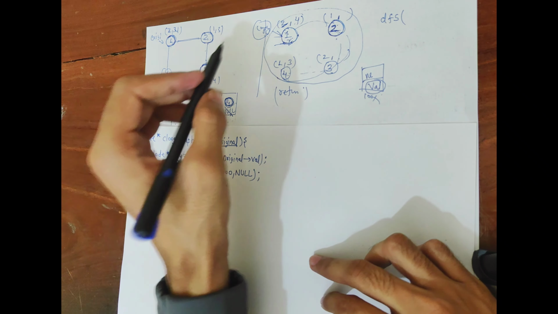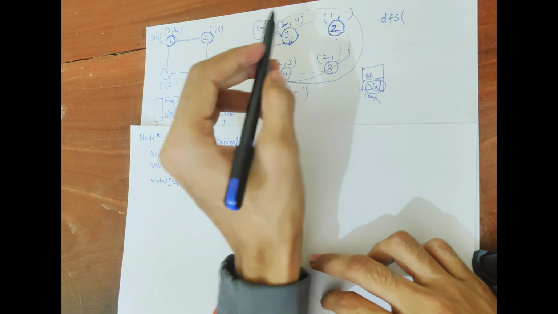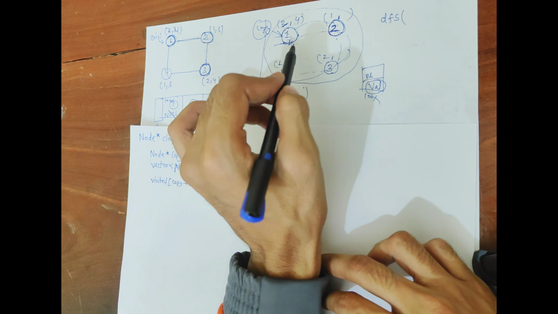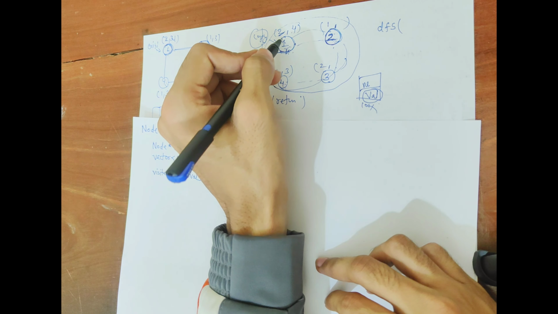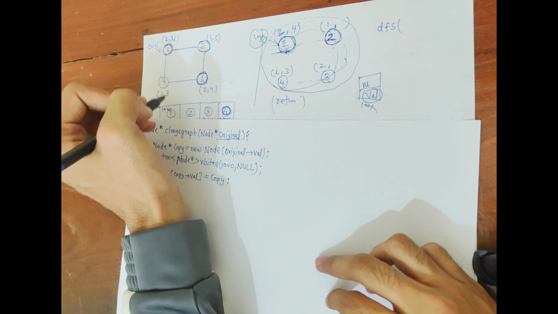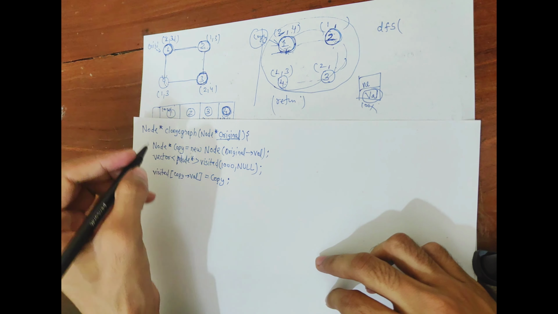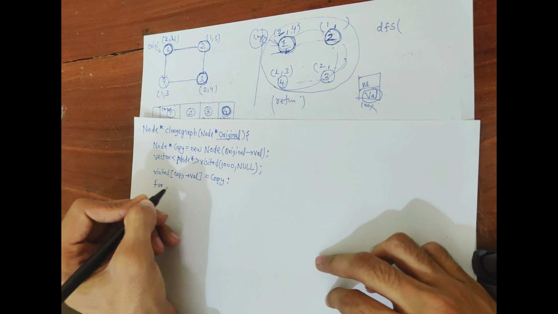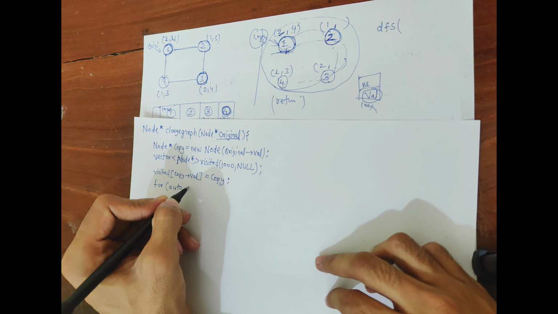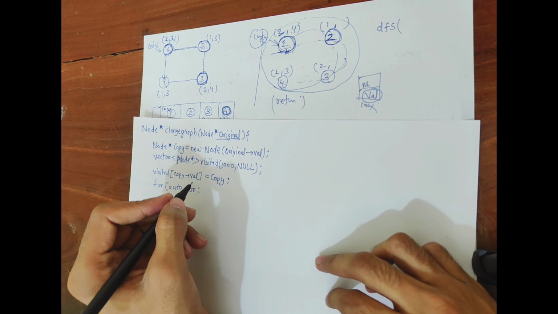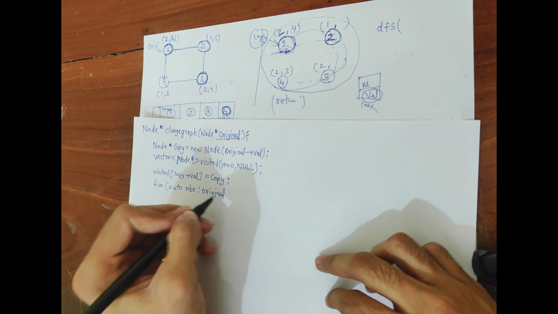Now I am done with these two things. The first thing, I created this and I pushed it. Now I need to go into its neighbor. Since initially I don't have a neighbor in the clone part, I need to traverse into its original neighbor. So I will say for auto nbr of original one.